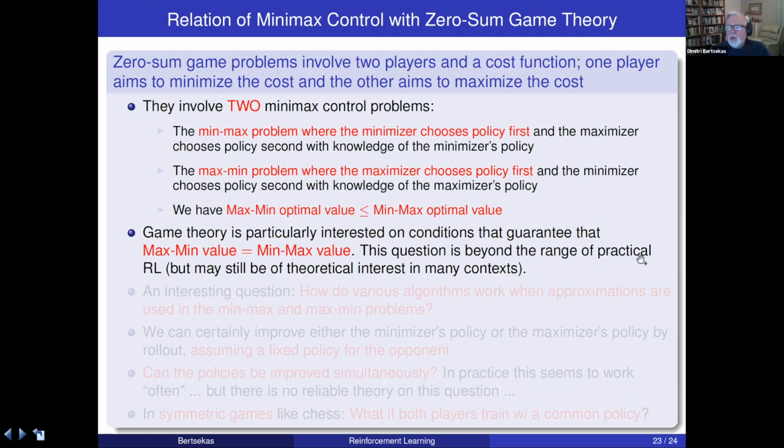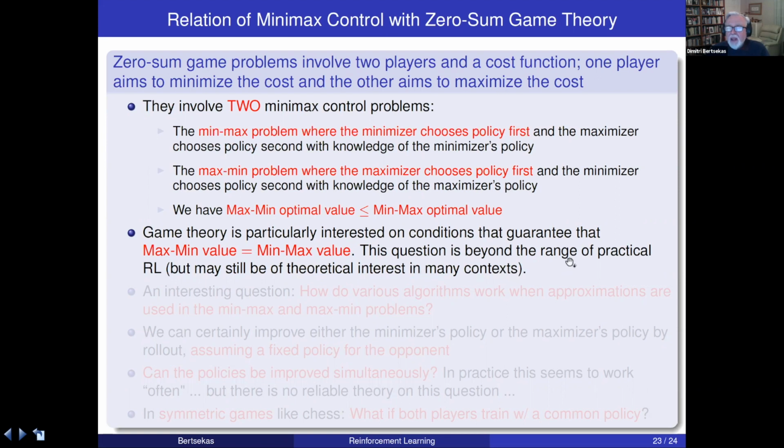However, when it comes to practical reinforcement learning, you're not going to have this, okay? You can't even think in these terms, except as a matter of theoretical interest.